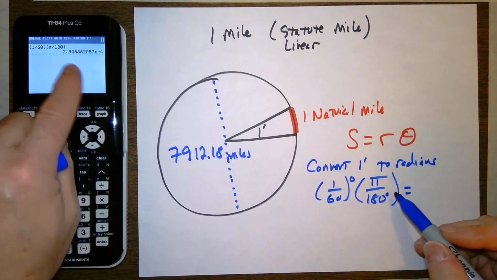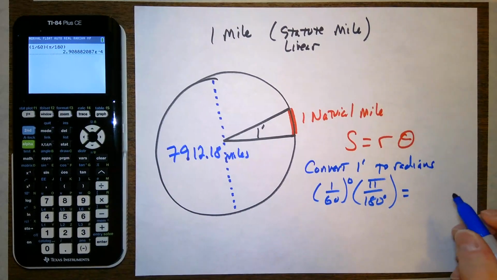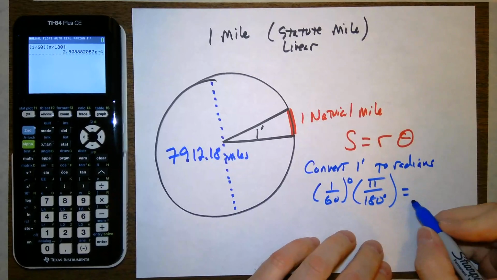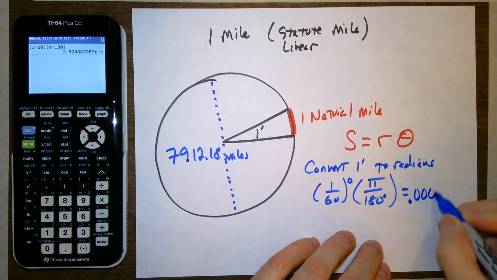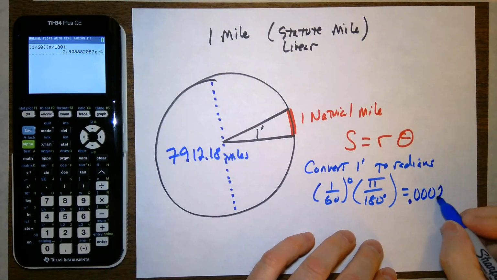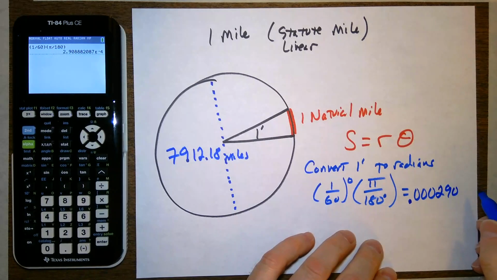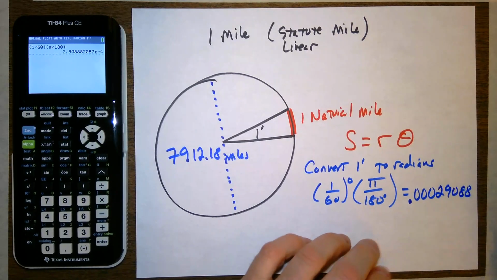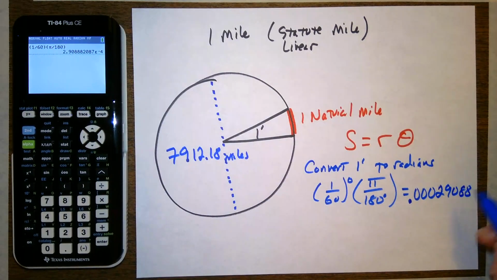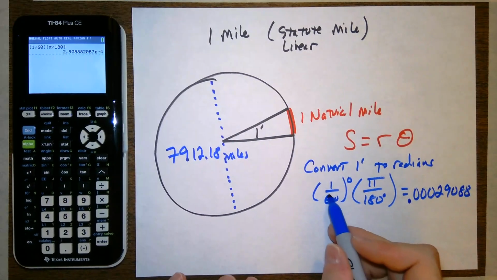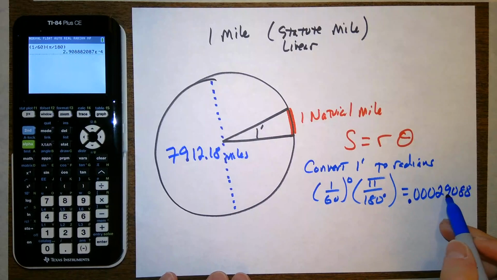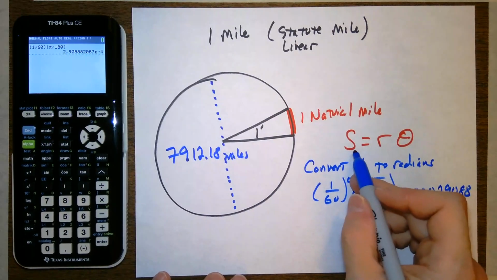I'm getting a scientific notation number here. So this is approximately 2.90888 times 10 to the negative 4, that is 0.000290888 with a bunch of 8s, approximately that in radians. Remember, this is an angle now. We just converted from degrees to radians. This is a radian angle. So now I can find the arc length.